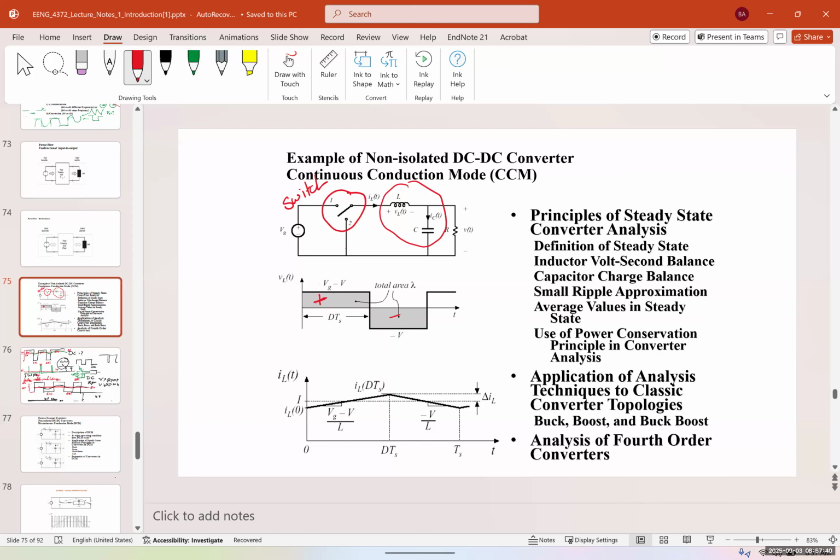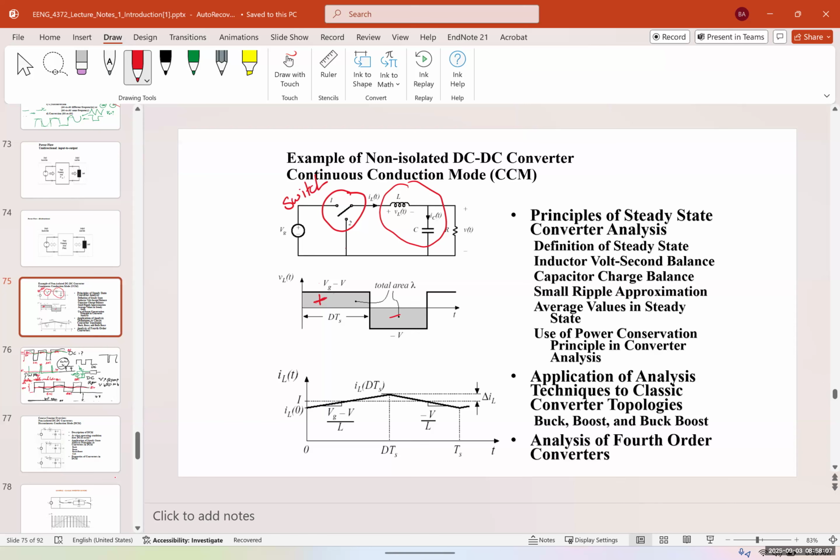So the topics are the principle of steady-state converter analysis: the definition of steady state, inductor volt-second balance, capacitor charge balance, small ripple approximation, average values in steady state, use of the power conversion principle in converter analysis, and the application of analysis techniques to classic converter topologies: buck, boost, and buck-boost.